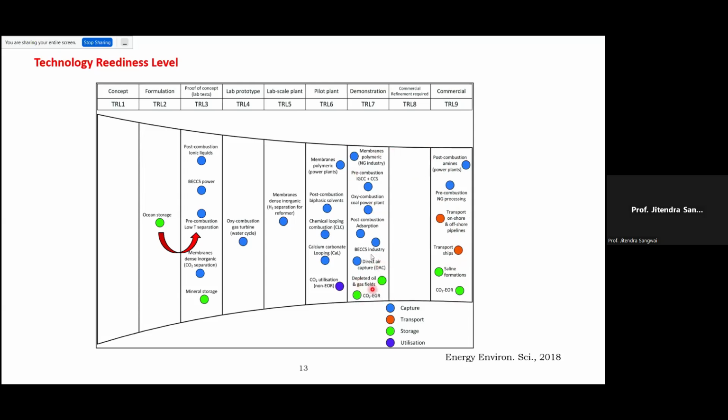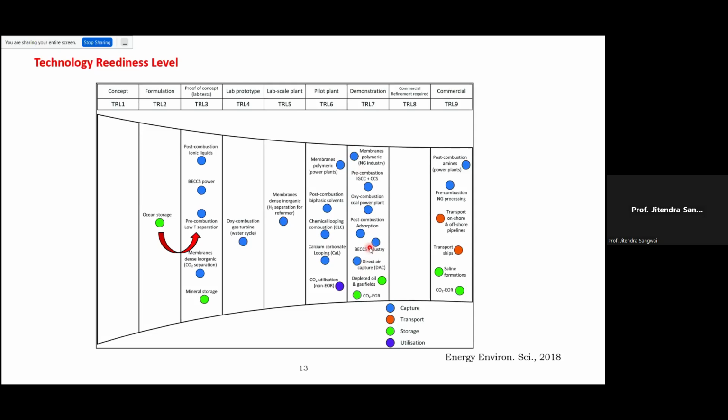I'm not really going to read many of these methods, but you can see that there is a whole lot of methods available in the basket, and you have to pick which method is suitable for your application, right? As I said, it's not that there is only one solution to capture and store CO2. All these methods depend upon the location and the source from where you are producing carbon dioxide.